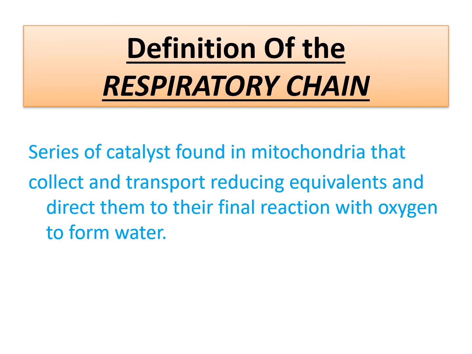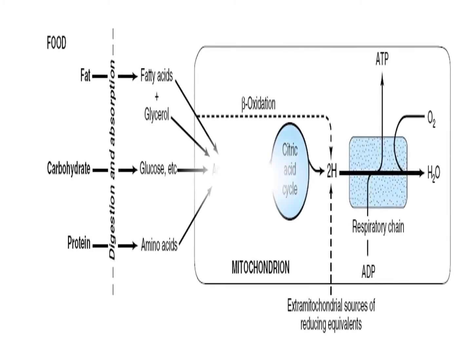The mission of these enzymes or catalysts is to collect and transport the reducing equivalents in the form of NADH or FADH2 and direct them to their final reaction with oxygen to form water. The electron transport chain is also known as the respiratory chain because the final acceptor of the electrons is oxygen.